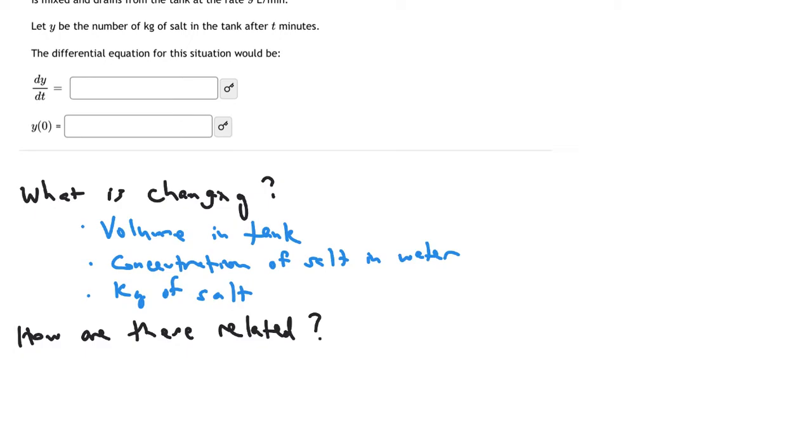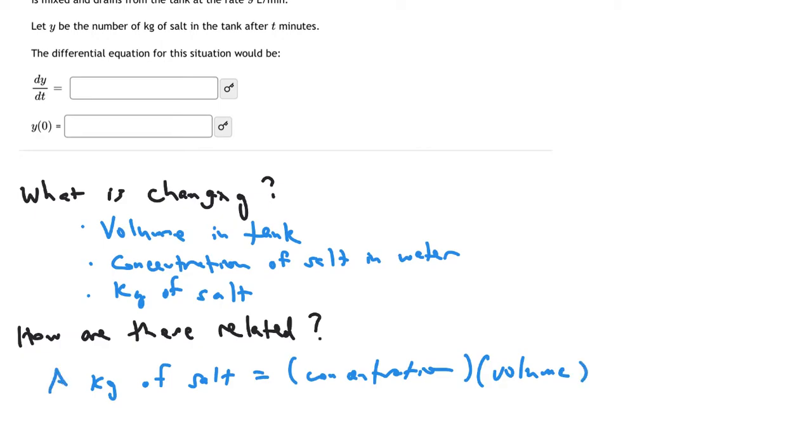The relationship between these is that the quantity of salt is going to be the concentration of salt in the water times the volume of the liquid. So this is going to be like an algebraic relationship between the three things that are changing. And so that makes sense that if you understand how two of these are changing, then you can figure out the third from this equation.